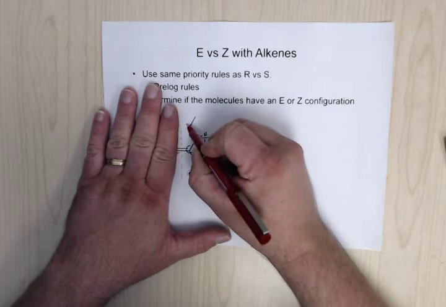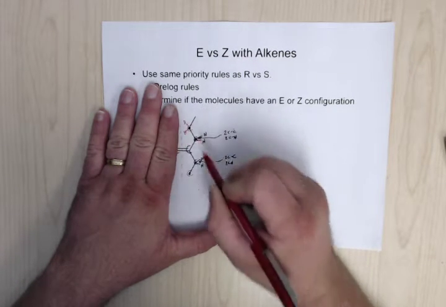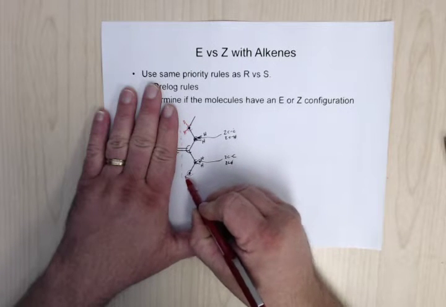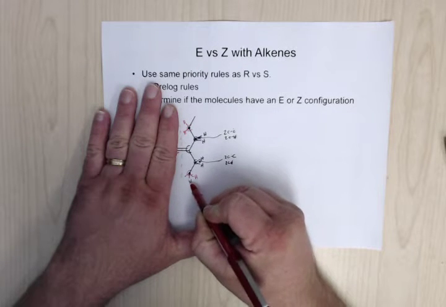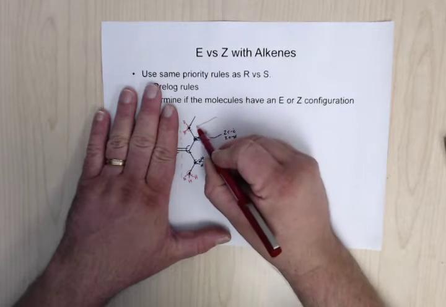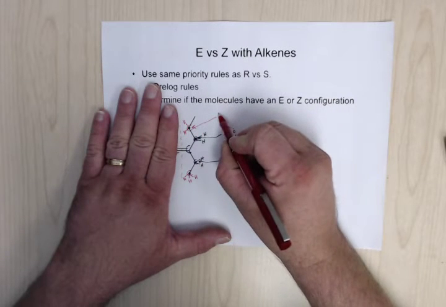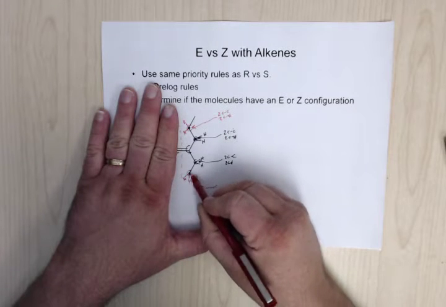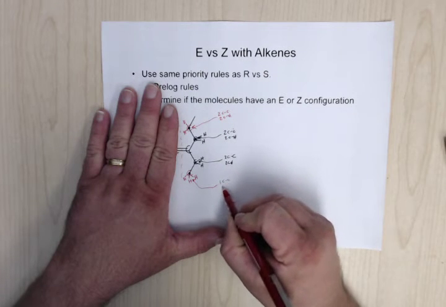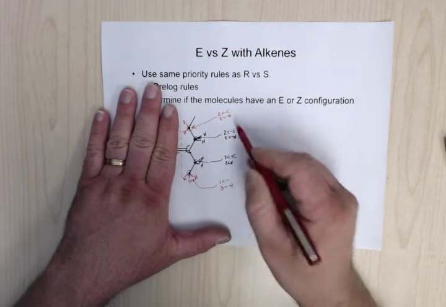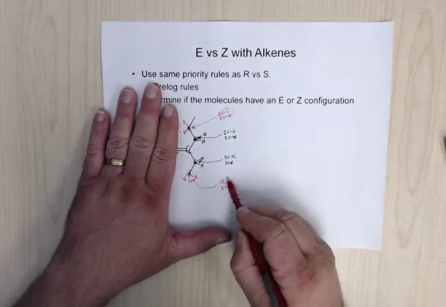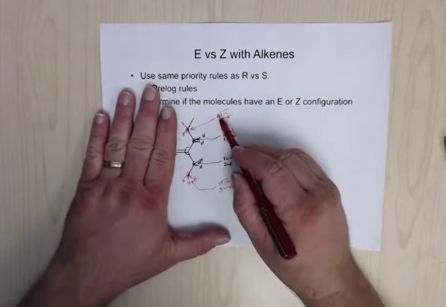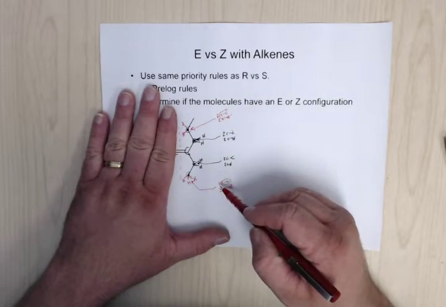So for this one, here versus here. Again, this one has two bonds shown, so it's going to be a CH2. This one only has this one bond shown, so it's going to be a CH3. So for there, we have two carbon-carbon bonds, 2CH. This one, we only have one carbon-carbon bond and 3CH. So the carbon-carbon bonds are going to be the heaviest, but this one has two, this one has one.